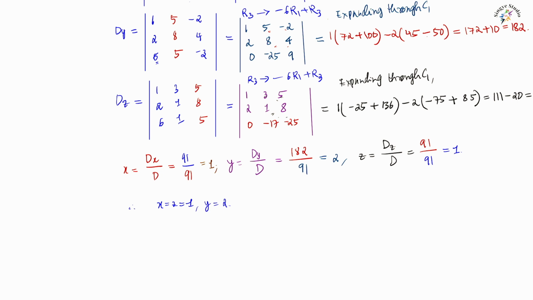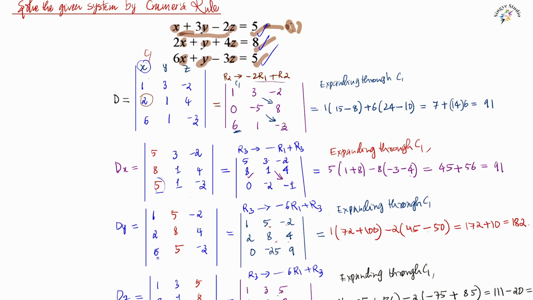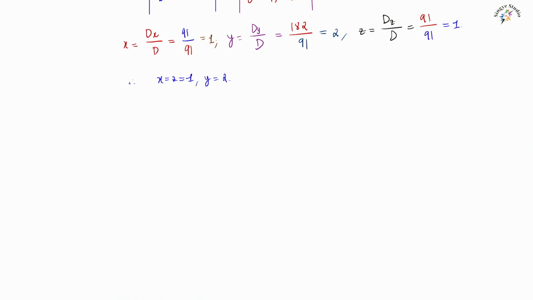Now our last thing is to verify whether, when you plug in x equals z equals 1 and y equals 2 in the equations, they are satisfied or not. So our first equation is x plus 3y minus 2z equals 5.